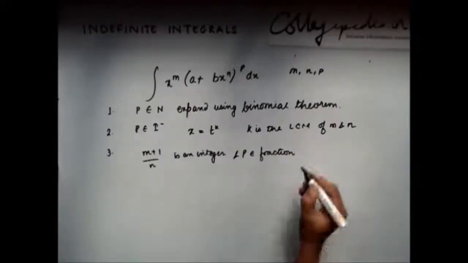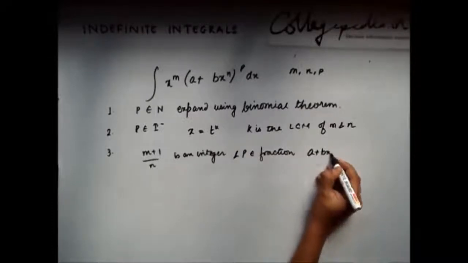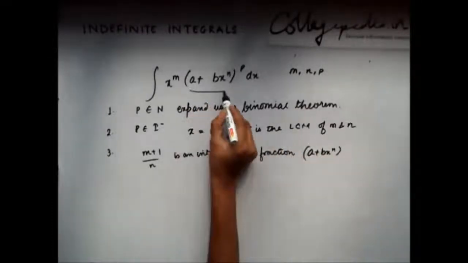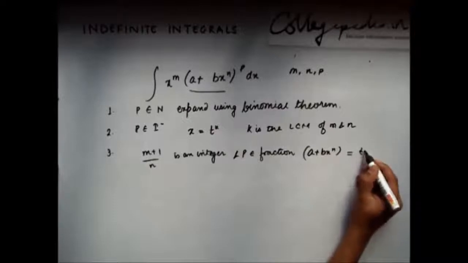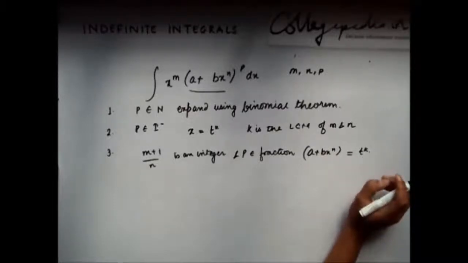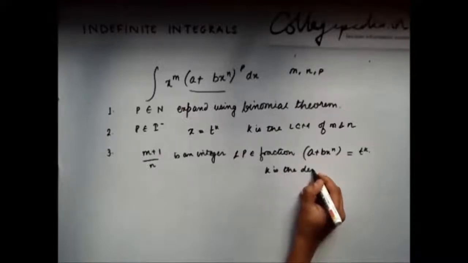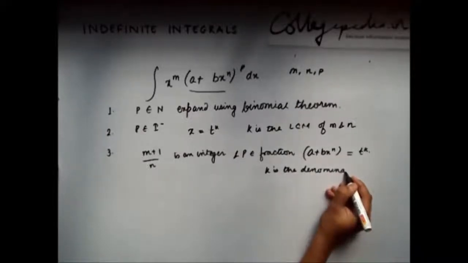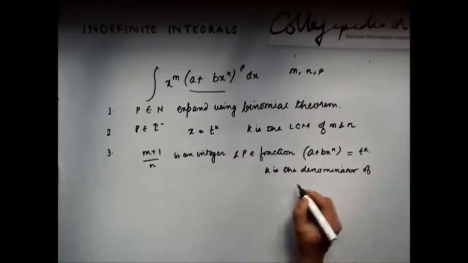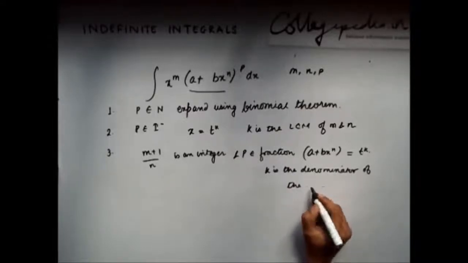In that case, we write a plus bx to the power n as t to the power k, where k is the denominator of the fraction p.